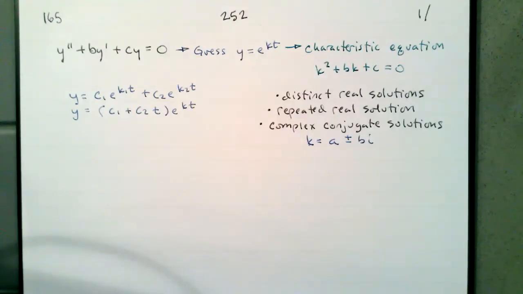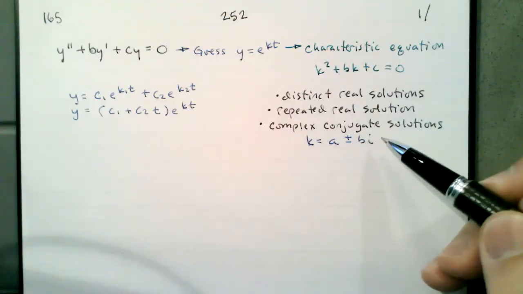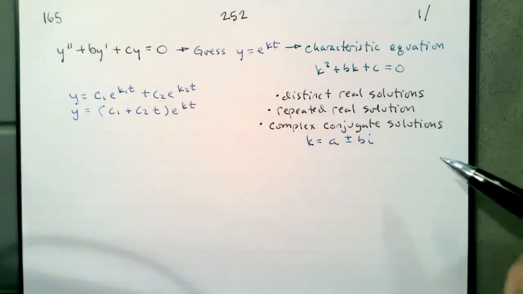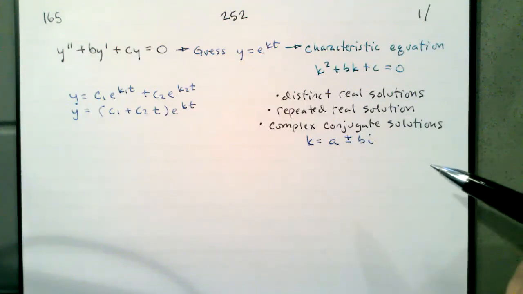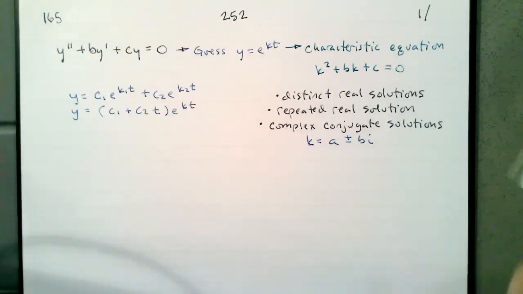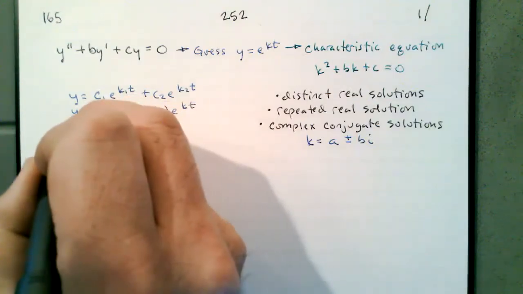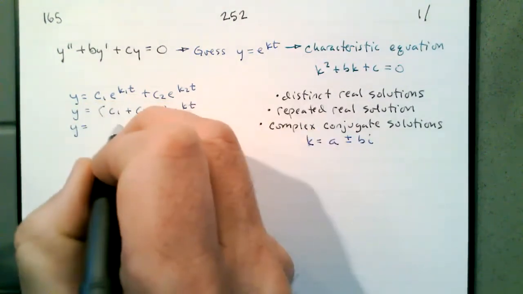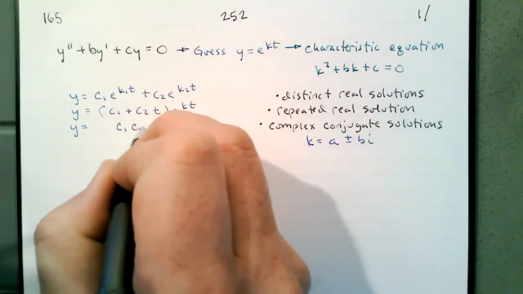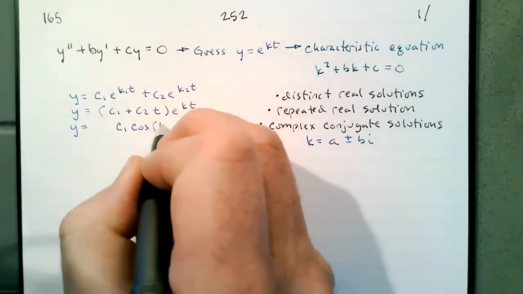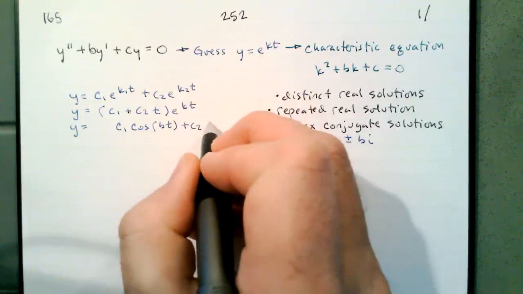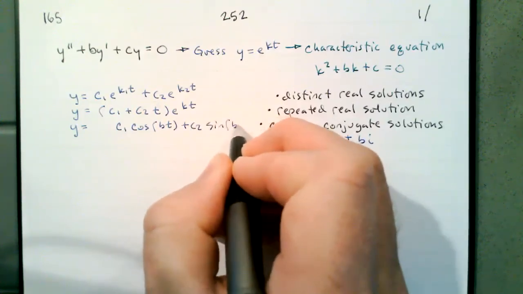Yesterday we looked at the case where we just had plus or minus bi. So k was plus or minus 3i. But what if there's some constant, some real part, a? So then we make our general solution. We have a c1 cosine of bt plus c2 sine of bt.